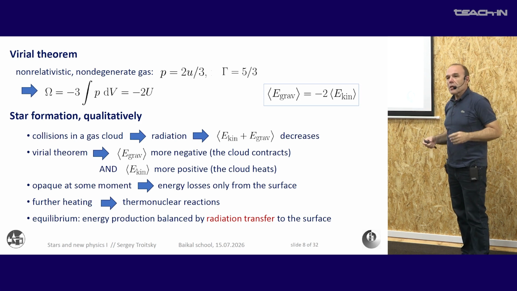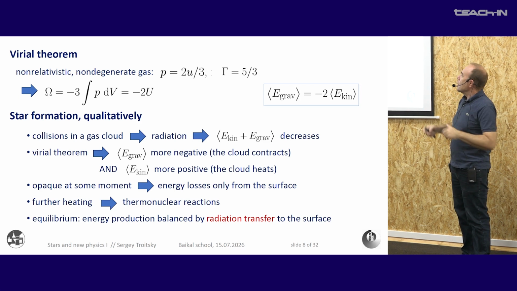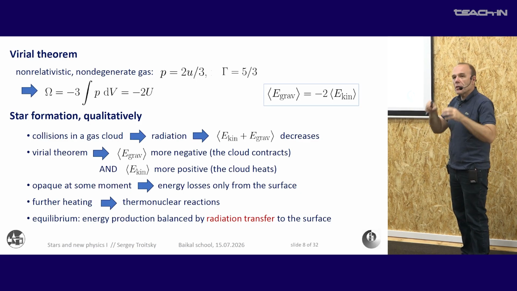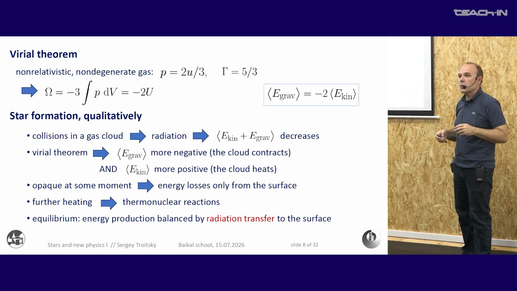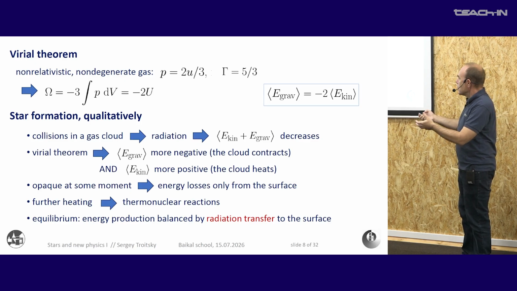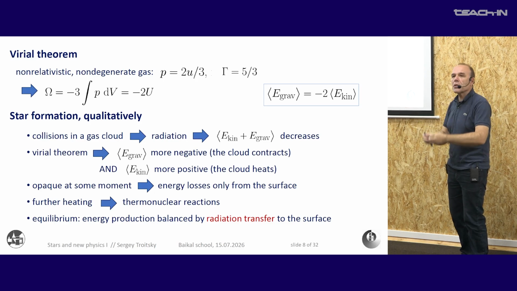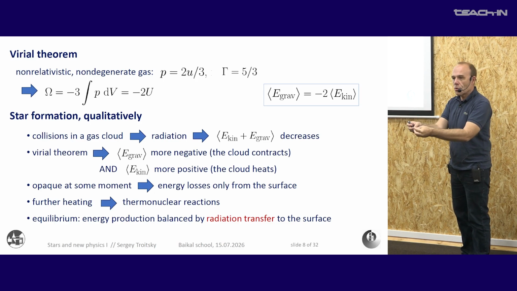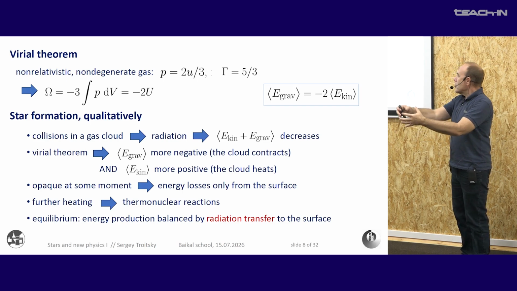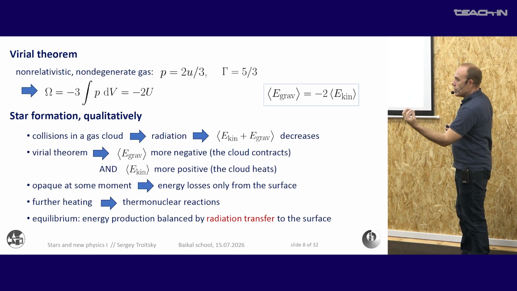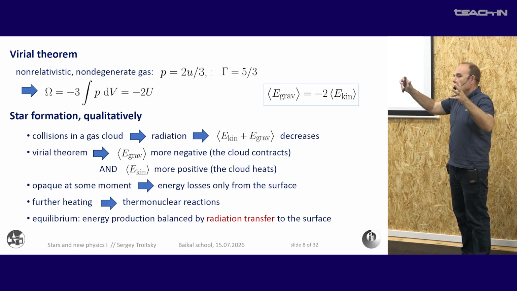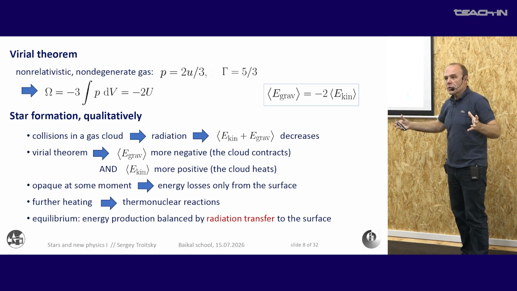This means that when eventually the temperature and density in the center becomes so high that thermonuclear reactions start, that means that some energy is produced. But it is produced in the center, and the energy is lost from the surface.